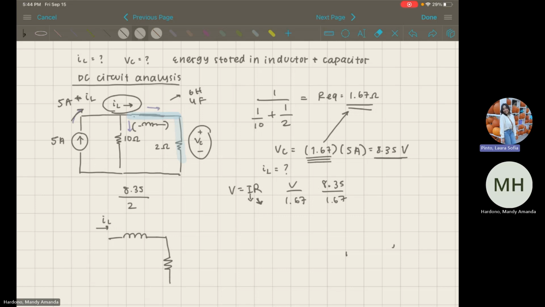Once that current splits, this IL goes in this direction. Then it has to go through the inductor and then the resistor. Components in series share the same current. Components in parallel don't have the same current. So this is why we said the voltage here was 8.35, right?